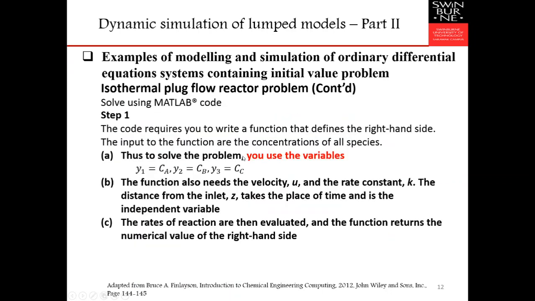we can start implementing this problem in MATLAB. So the first step is to define the variables: y1 is equal to CA, y2 is equal to CB, and y3 is equal to CC. So essentially you are using one vector y, where the first component is CA, the second component is CB, and the third component is CC. The function also needs to contain the velocity, the rate constant, and the distance from the inlet.